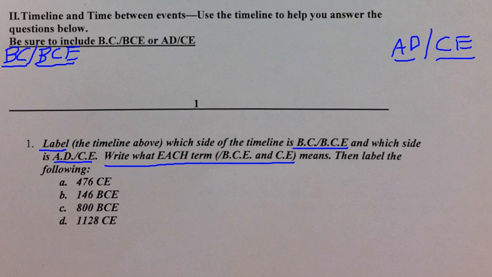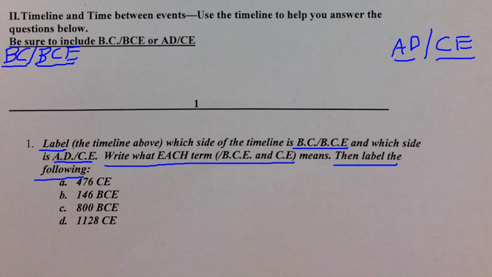Okay, that brings me to the next part, which says, then label the following. Before I even start, I'm going to take a quick look at my 4 numbers so I can think about scale. Scale is about getting things so each year or each century takes up the same distance on the line.